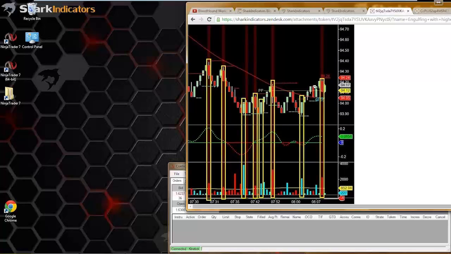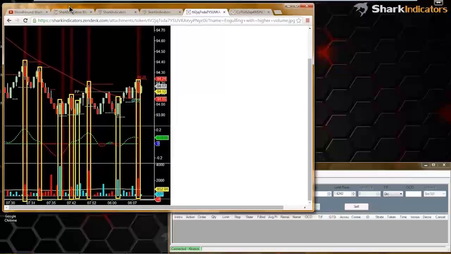And let's see, this one here, I'm not sure why this one didn't work out. The volume is slightly higher than the previous volume, but maybe we need a certain percentage of volume greater. So yeah, so we'll work on this system here.